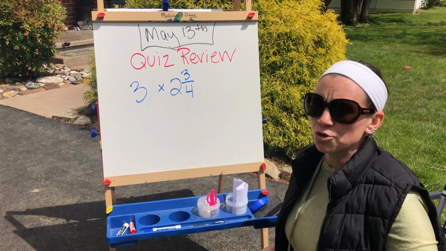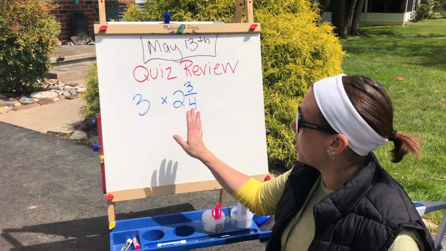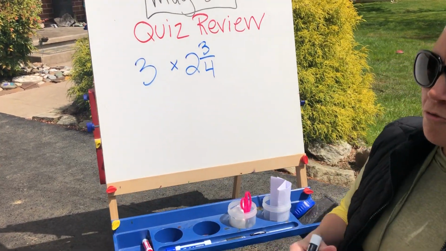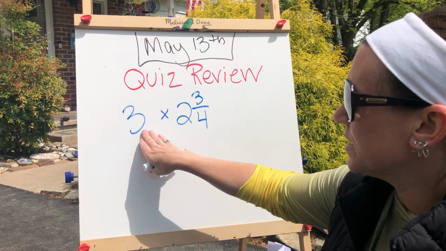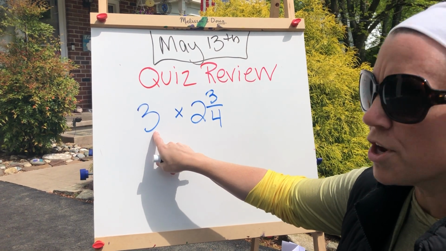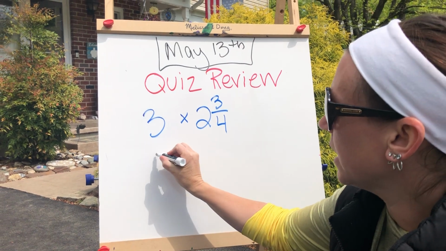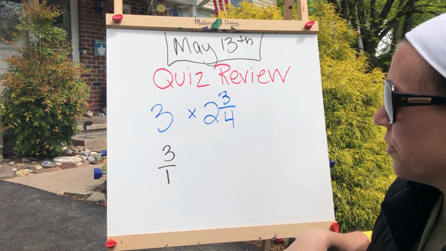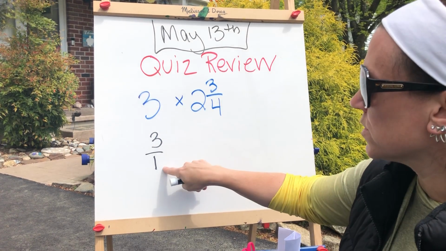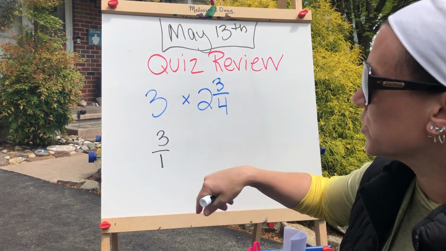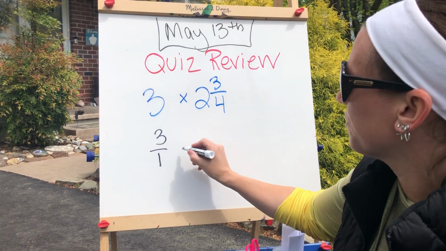So we're going to do a quick review for you of multiplying fractions. Some of you need to remember that when you have this whole number, you are sticking a 1 underneath of it, okay? Not a 4, because that's a 4, it's a 1. The 1 goes underneath of it. So the 3 becomes 3 over 1 times.